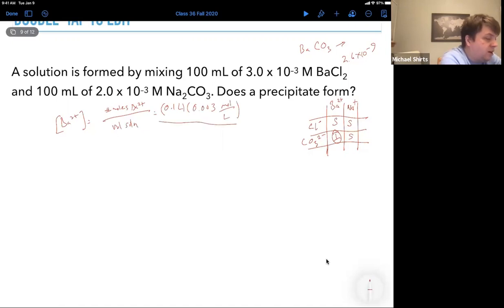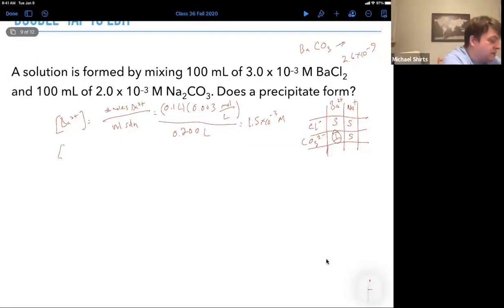And the volume is 100 milliliters plus 100 milliliters, making 200 milliliters, so 0.200 liters. And that gives us 1.5 times 10 to the minus 3 molar. Okay, so that's the concentration of barium in the combined solution.